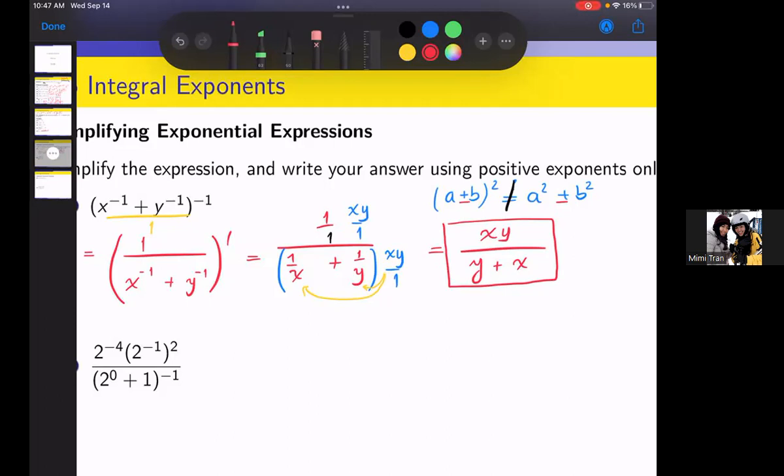But why is the xy on the top of the bracket, if we're trying to get the same denominator to add? So the LCD of all these three is XY, right? So I need to get rid of these two guys. So I'm going to multiply the denominator by XY over one.